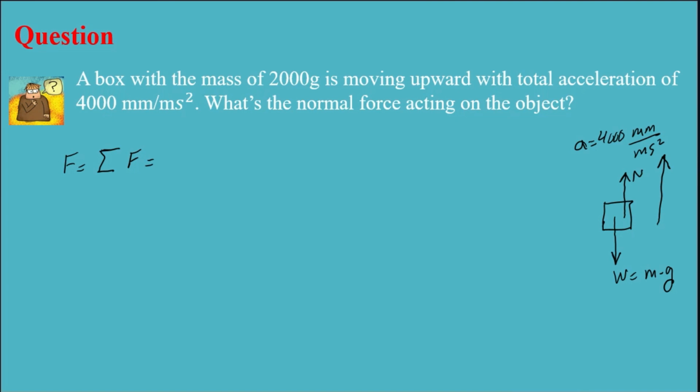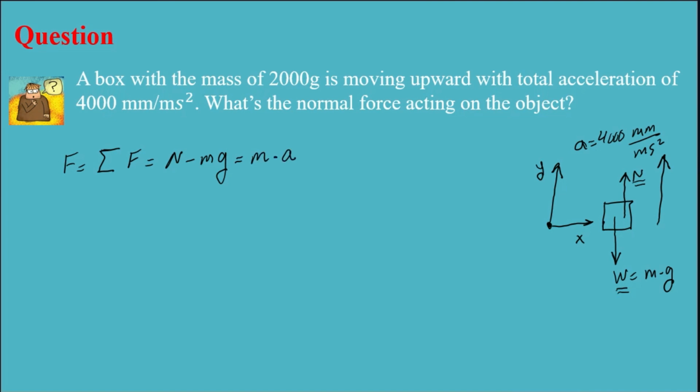So that is going to be N minus mg. Remember, if this is my x direction, this way is positive, and if it goes upward, that's positive too, right? So that's telling me my N here is positive, my W is negative, correct? And then it's equal to ma.